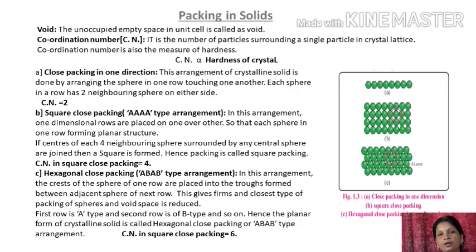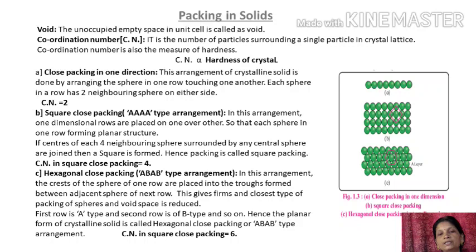In this arrangement, one-dimensional rows are placed one over the other so that each sphere in one row forms a planar structure. If the centers of the four neighboring spheres surrounding any central sphere are joined, a square is formed. Hence the packing is called square packing. The coordination number in square close packing is equal to 4.